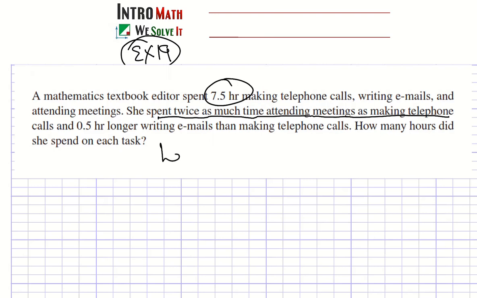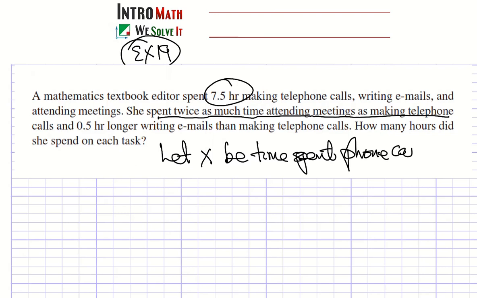So let x be the time spent making phone calls, because that's the first comparison given to us. And then she spent twice as much time attending meetings. That means 2x was used attending meetings.